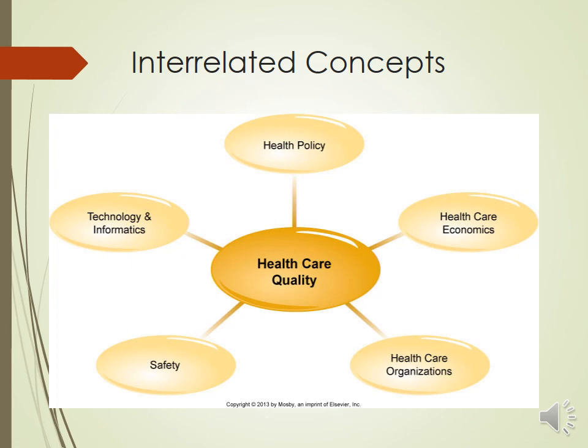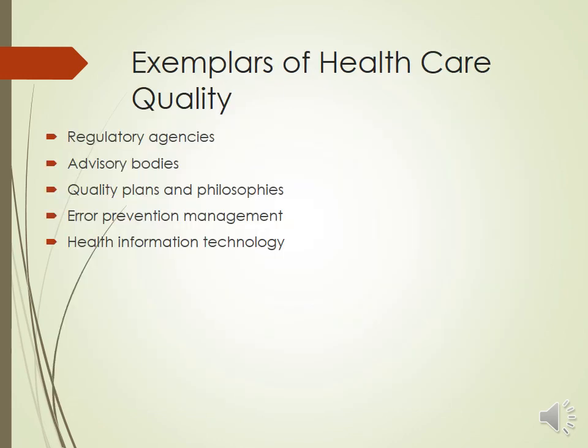And for health policy, we have all those advisory groups and regulatory agencies that help drive our nursing practice. And much of our practice is guided through the Department of Health and Human Services. These are the exemplars associated with healthcare quality.